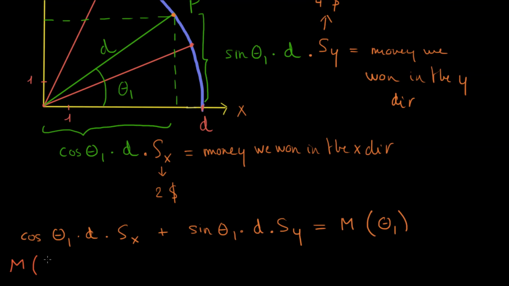We just need to input an angle, theta, and it will give us the money we won by following this angle, or if you prefer, this direction. So the function m, which is a function of theta, will be equal to cosine of theta times d times s sub x plus the sine of theta times d times s sub y.